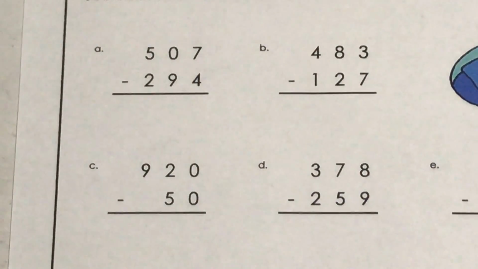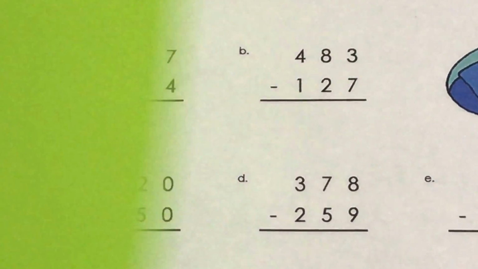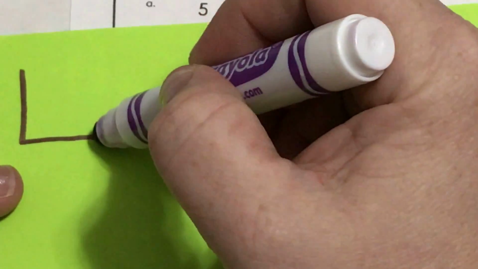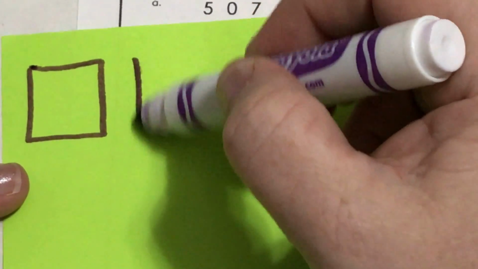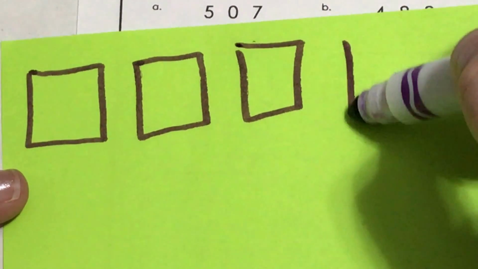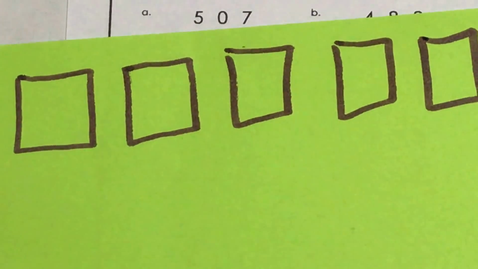So our first problem here is 507 minus 294. Now if we were going to look at how 507 looks with place value blocks, the way we would draw that is we would draw 5 squares to show 5 hundreds, 1, 2, 3, 4, 5, that would be 500.